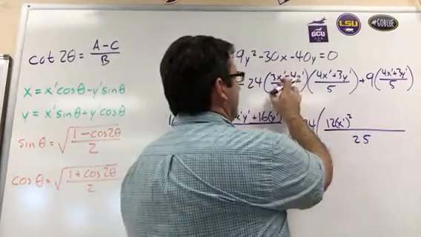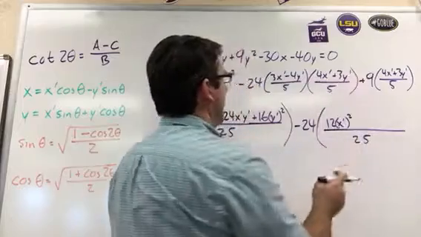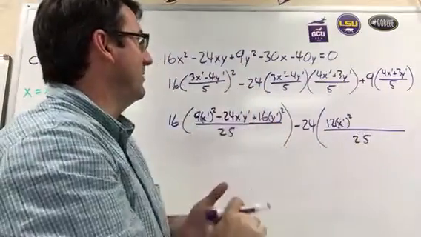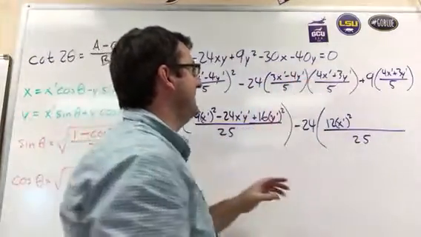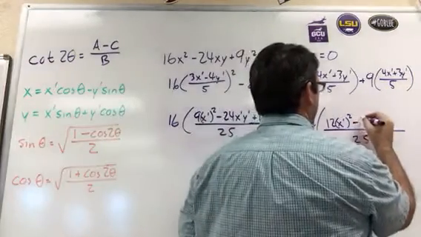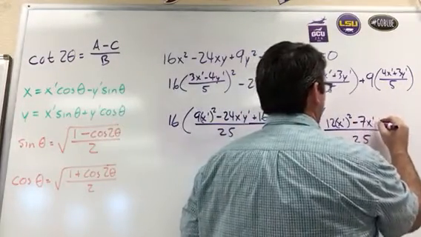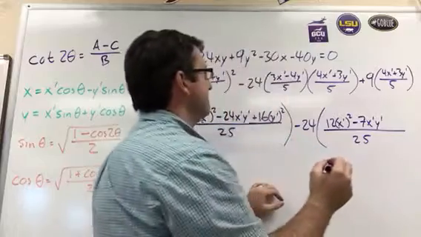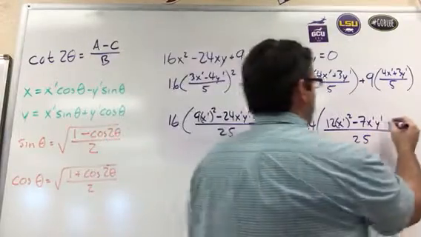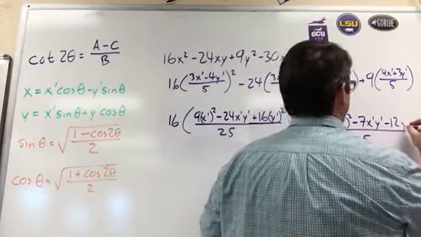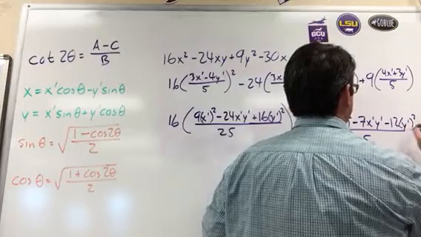And then plus 9x'y' minus 16. So this is going to give us minus 7x'y'. And then minus 12y' squared.